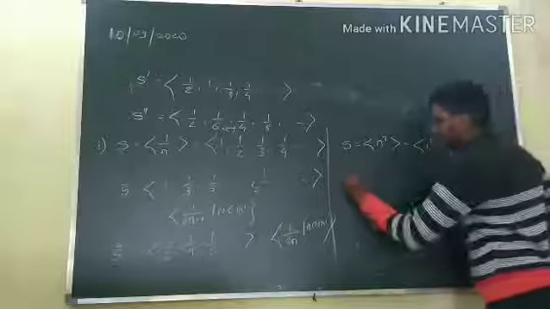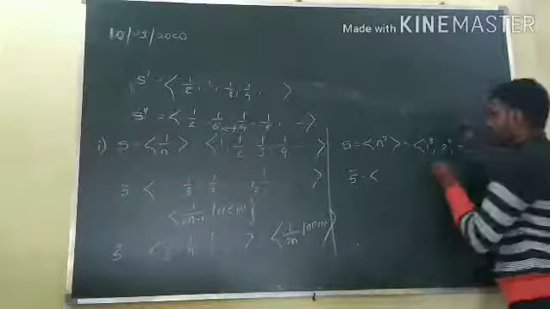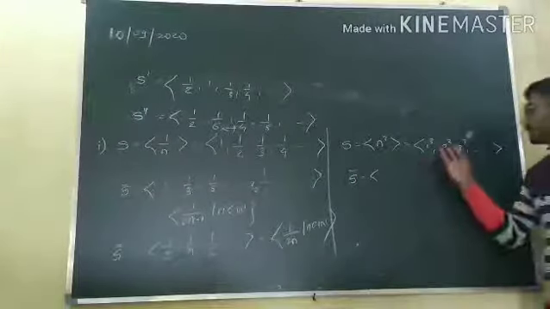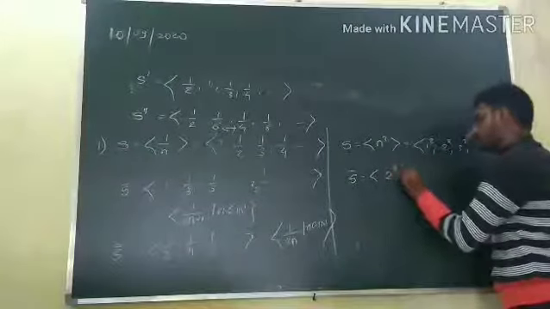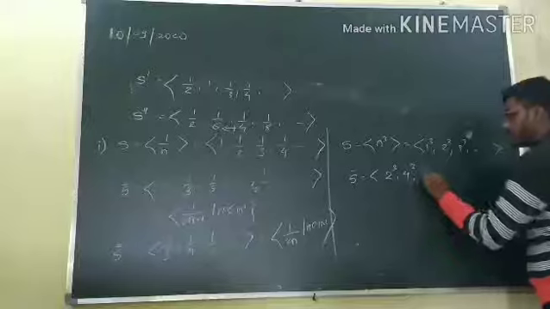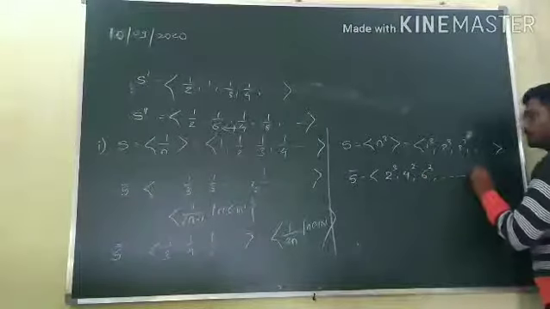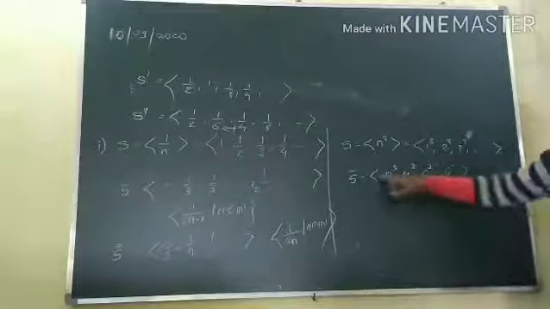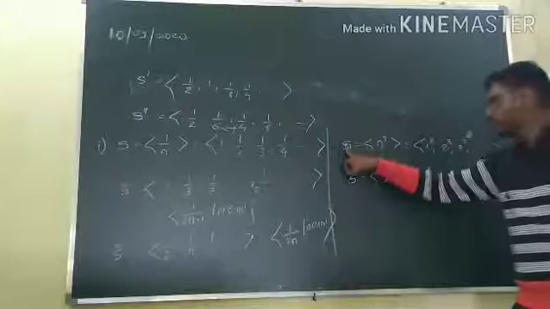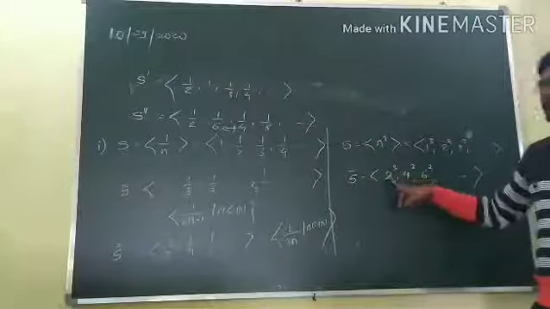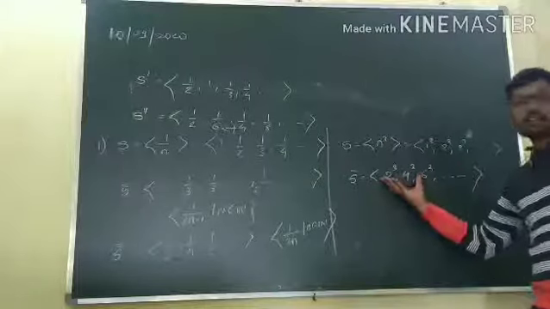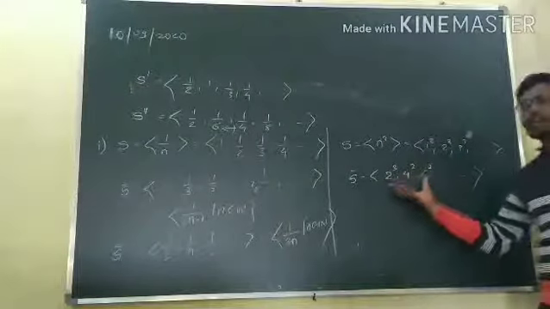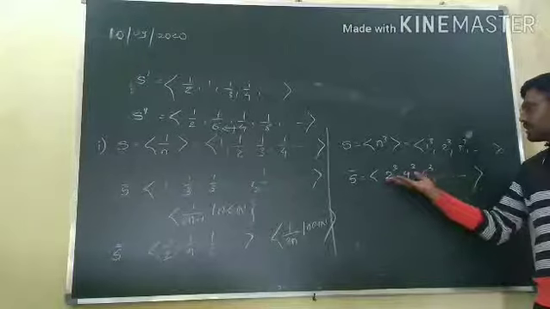So suppose s bar is equal to, we take only cubes of even numbers: 2 cubed, 4 cubed, 6 cubed, and so on. This is a subsequence of the sequence. Why? We have taken elements from s, and the order does not get disturbed. We have maintained the increasing order of the elements.